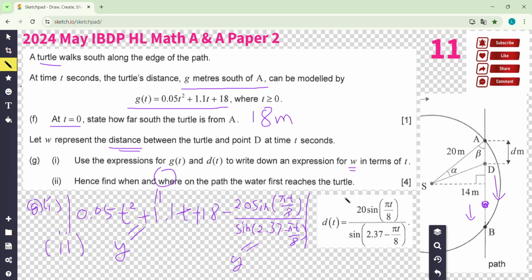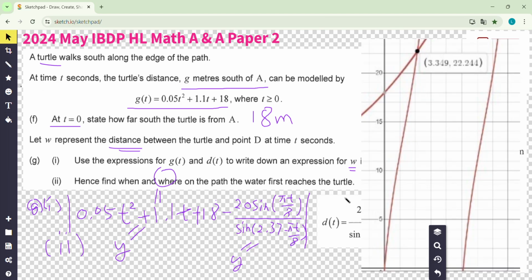Okay, just check the results. This is my result.